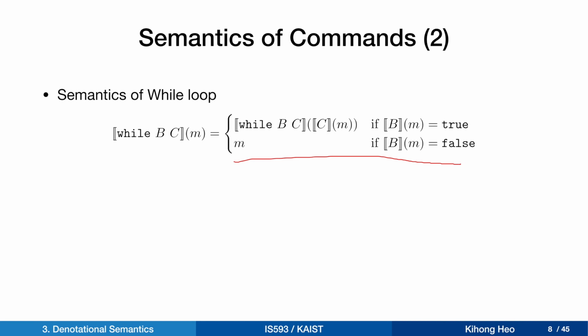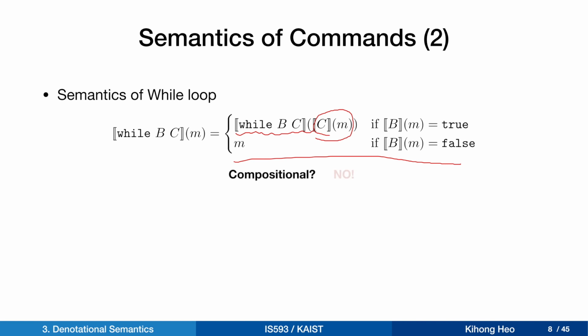First you apply the semantic function of the body here, and then you apply the semantic function for the whole while command again to get the output of the while statement. But notice that it is not really compositional.